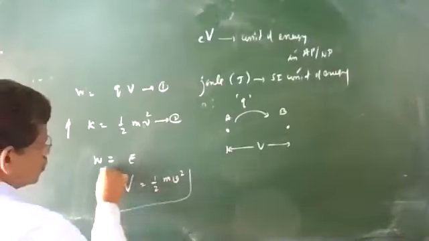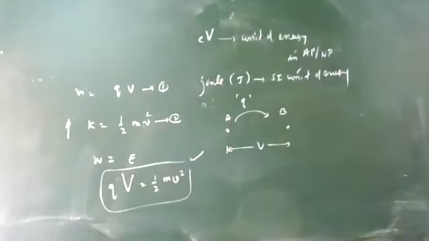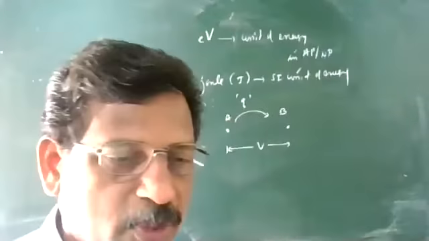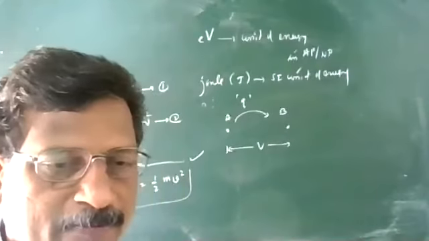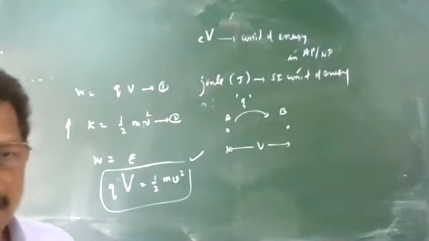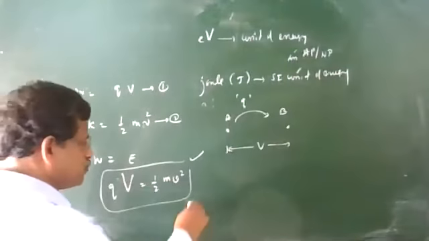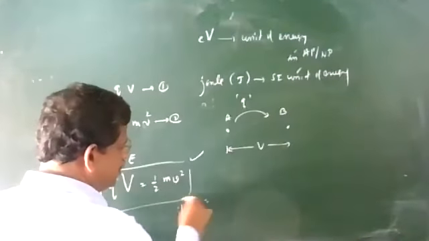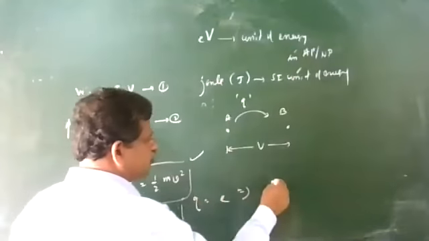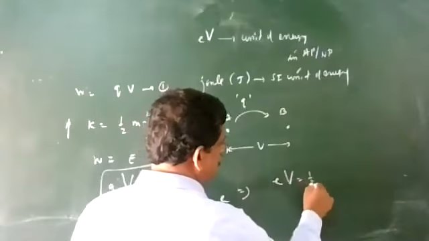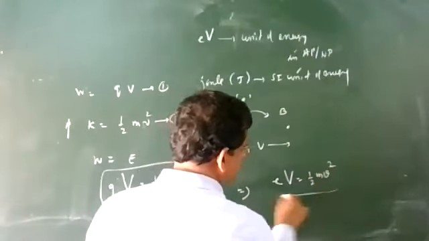This is one of the most important equations here. When a charge is accelerated through a potential difference capital V, it acquires kinetic energy that is half mv square, a very important relation. QV is equal to half mv square. In this case, if an electron is moving, Q is equal to e, then the equation changes to eV is equal to half mv square.